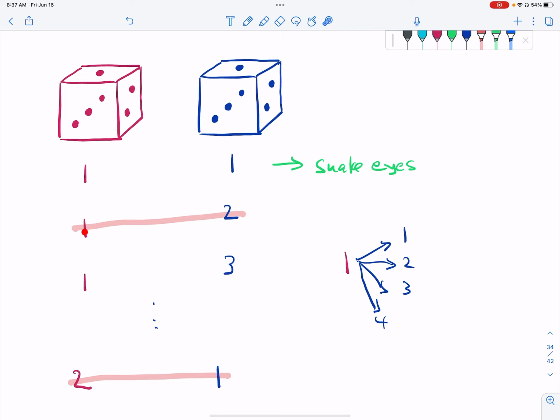If I roll the number 1 on the red die, that's different than rolling the number 2 on the red die. So I'm going to count that as a separate instance of rolling the number 2 and 1. In other words, I can roll that in 2 different possible ways.